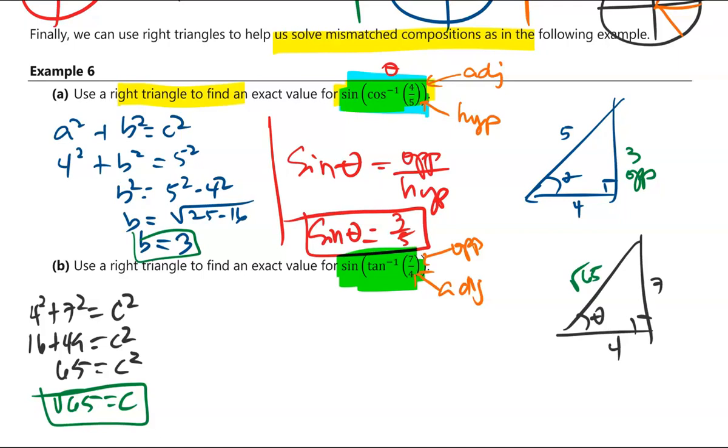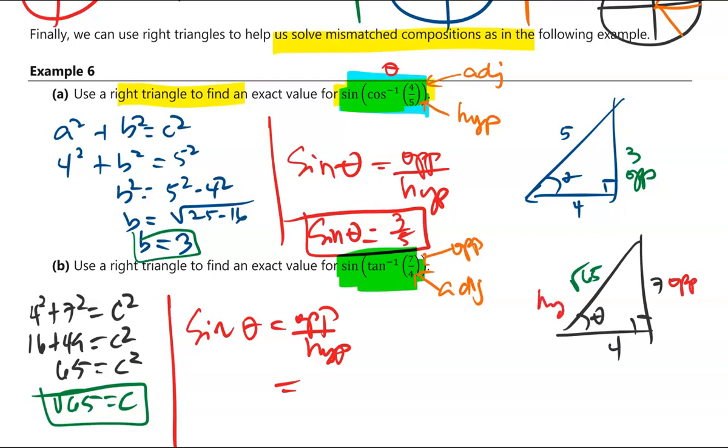So now we want sine theta, which again is opposite over hypotenuse. This is opposite, this is your hypotenuse, this is adjacent.